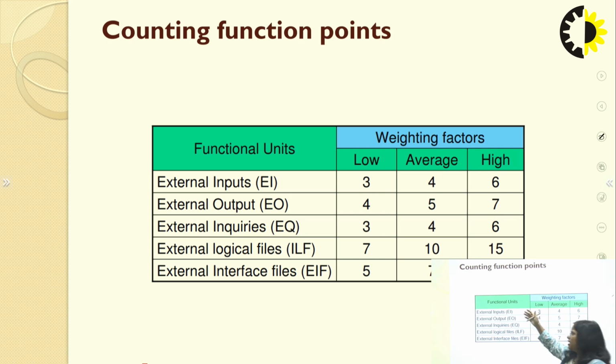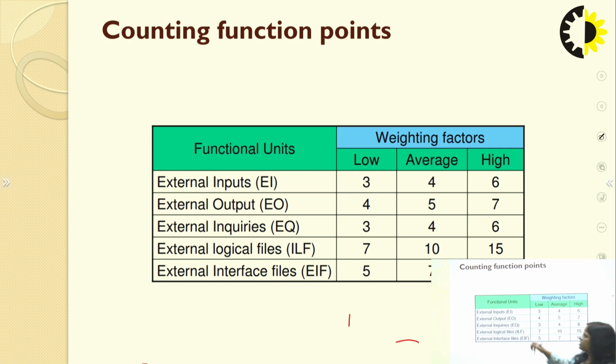So I have already explained these 5 categories of data and transfer functions. Based on the type of the project, if the project is of low category, average complexity, or high complexity, then we allot the weighing factors to these functional units.